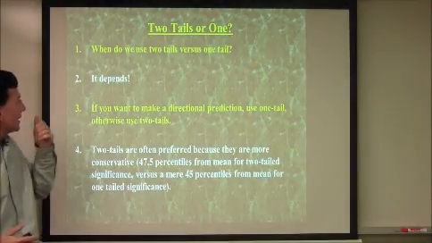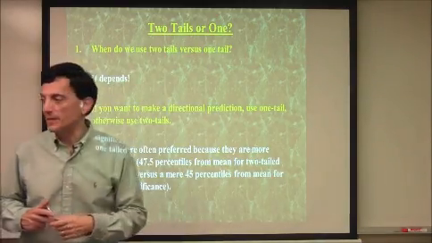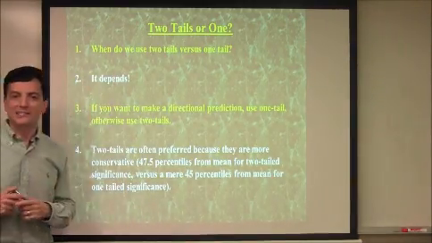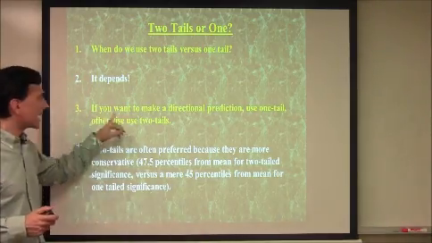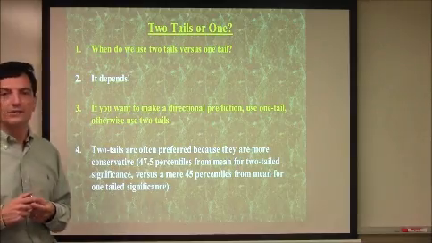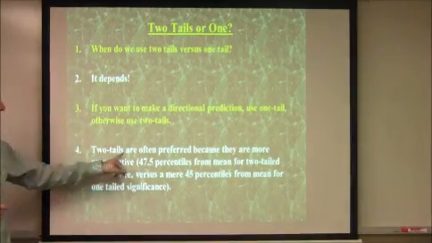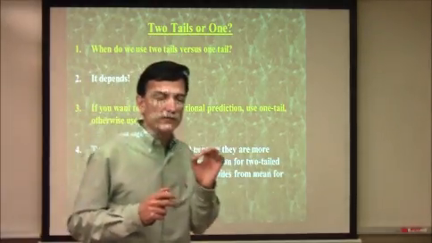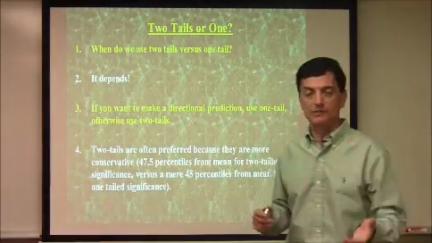Okay? All right. So when do we use the two-tailed test versus one-tail? And the answer almost always in science is it depends. If you want to make a directional prediction, use a one-tailed test, otherwise use a two-tailed test. Two-tails are often preferred because they are more conservative. And when we use the word conservative, we're not talking about political conservatism here.